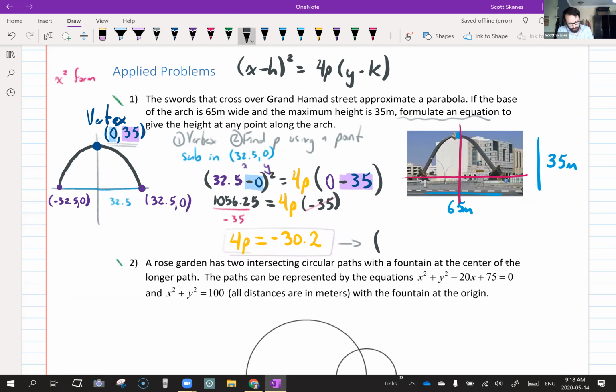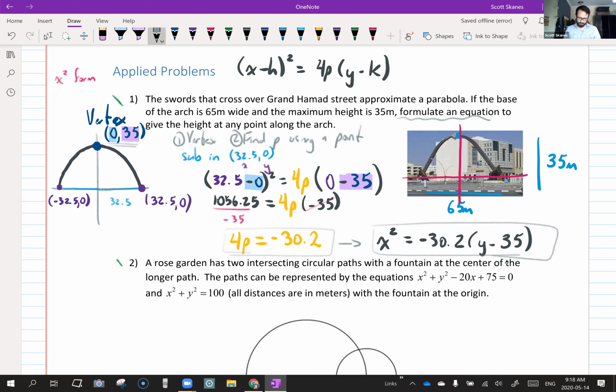Final equation, x squared equals negative 30.2 times y minus 35. It's our final equation. You could give that as a fraction too, but it's fine the way it is. Decimals are not a big deal for this.